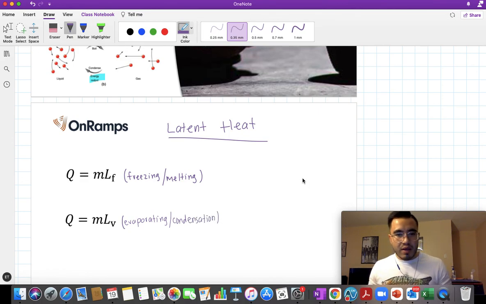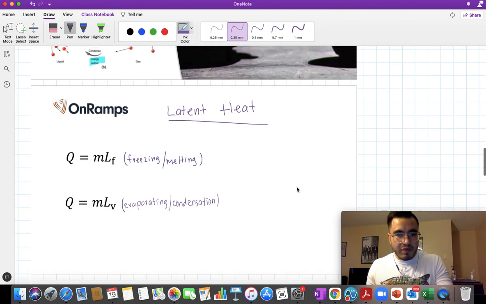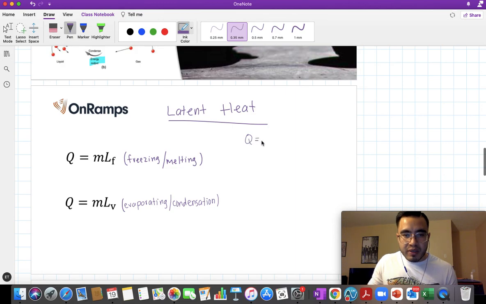Okay, so now let's talk about the variables here. As we know, Q is the heat. Energy, it's better we call it heat energy, and units are joules, as usual.